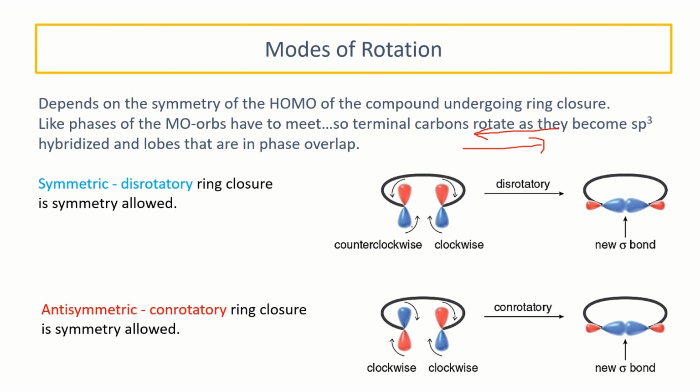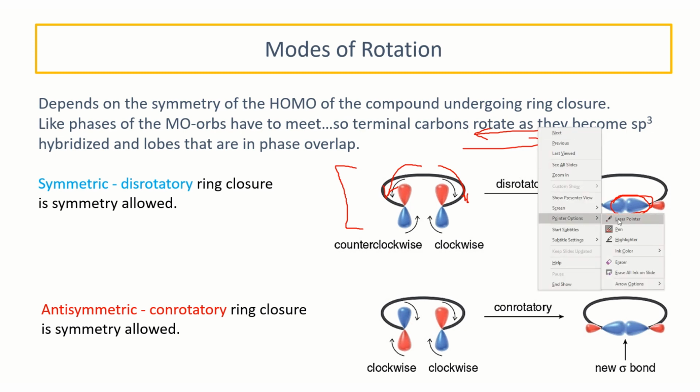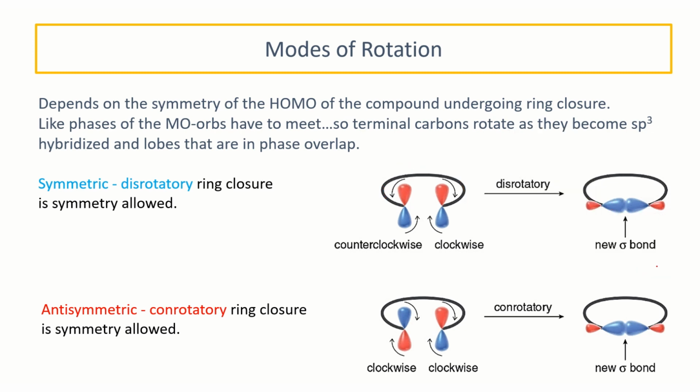You can see that if we have a symmetrical molecular orbital, then we'll have to rotate in opposite directions to have ring closure. That's where the overlap occurs. This is disrotatory.